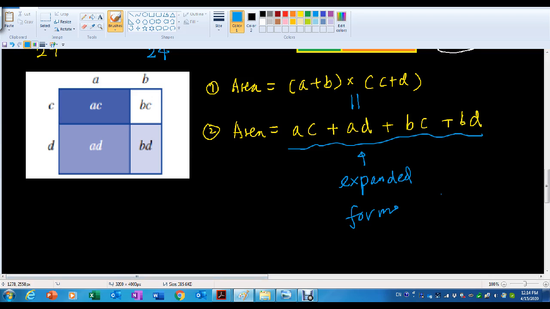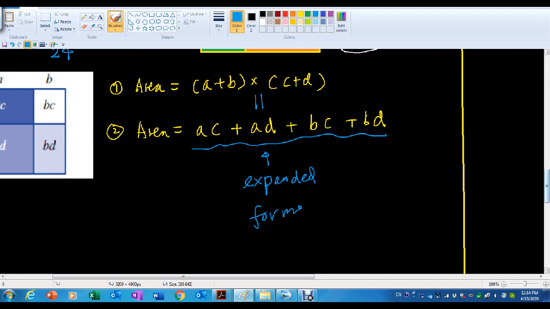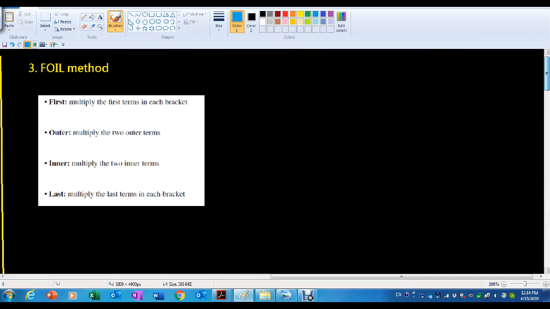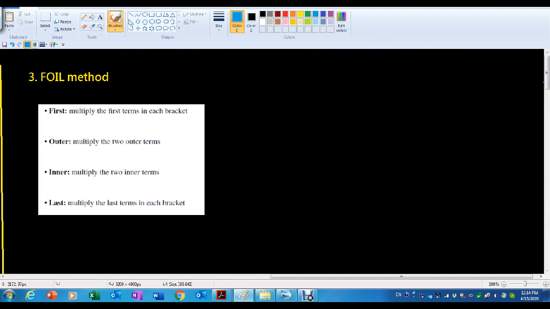Next, we are going to show you how we could remember this by using an acronym called FOIL. This is what we call the FOIL method.